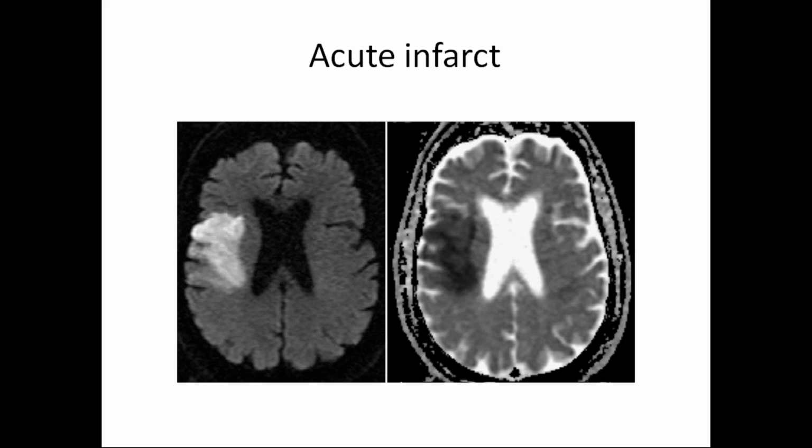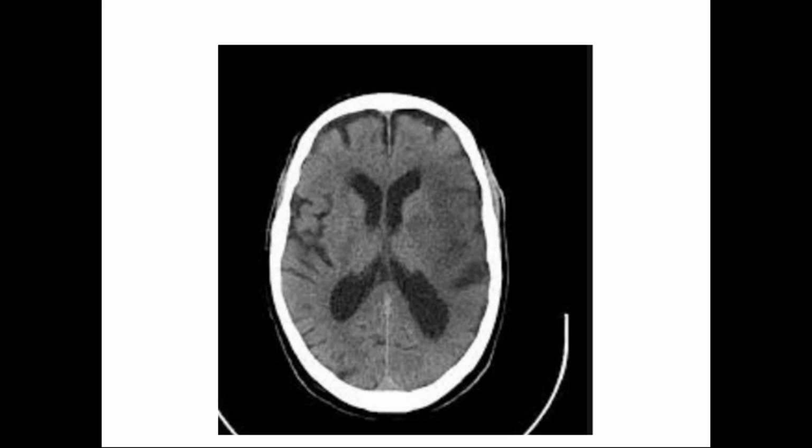And for hemorrhagic stroke, CT is more sensitive, where the blood products within the brain appear as hyperdense or bright. MRI can also be used to identify blood products, that is hemorrhage, but we need to take GRE sequences, which is a special sequence.